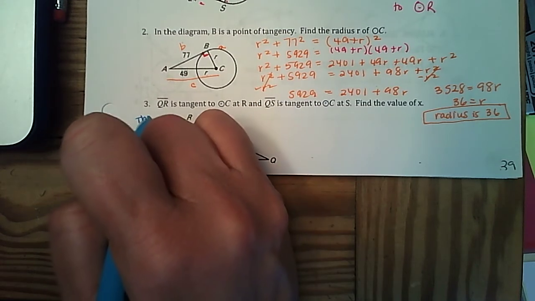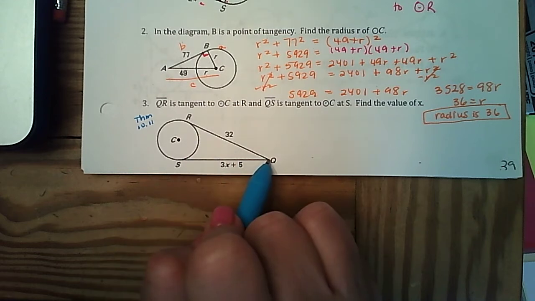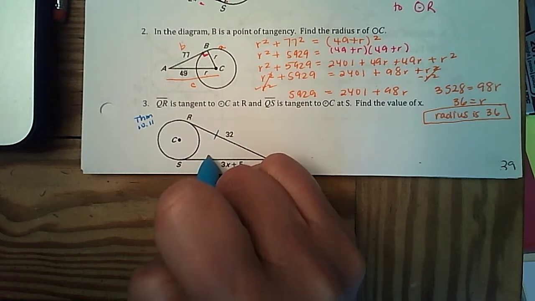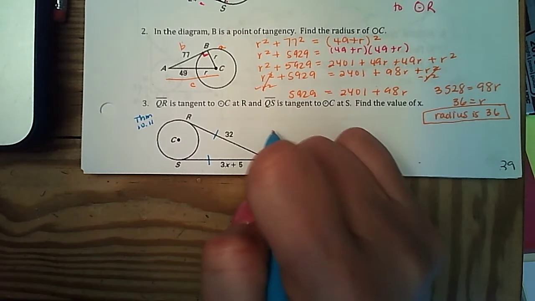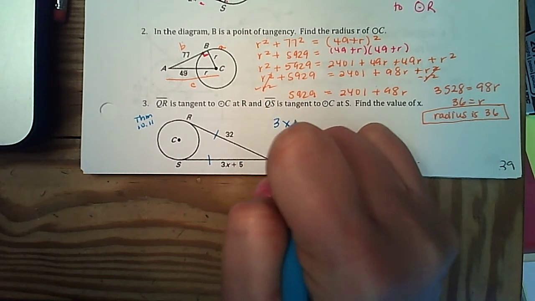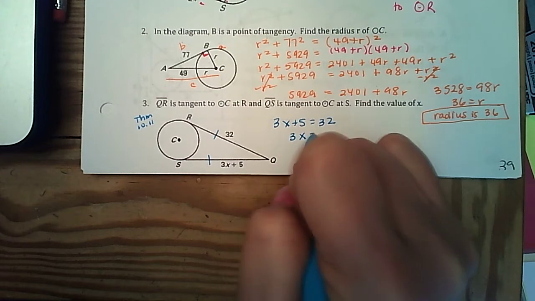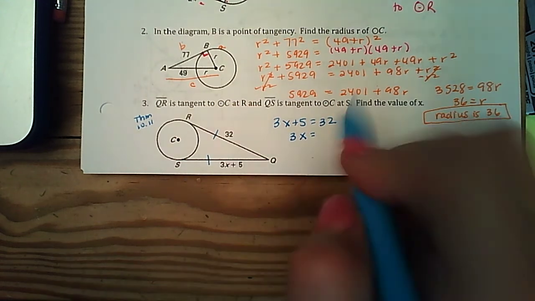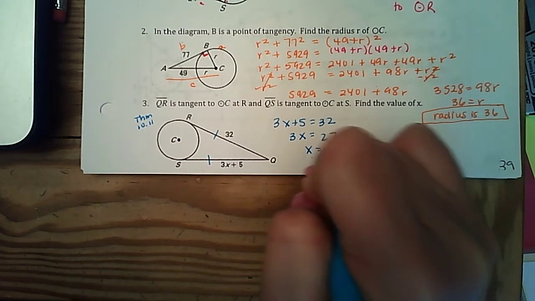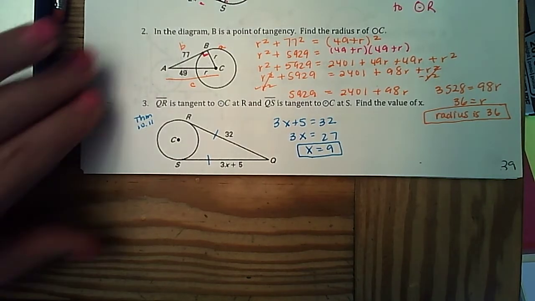Remember that theorem 1011 said if two lines meet at that external point and they're both tangent to the same circle, then these two are congruent. So it's a simple equation. So x equals 9. Perfect.